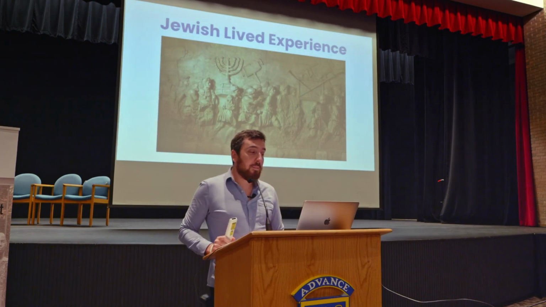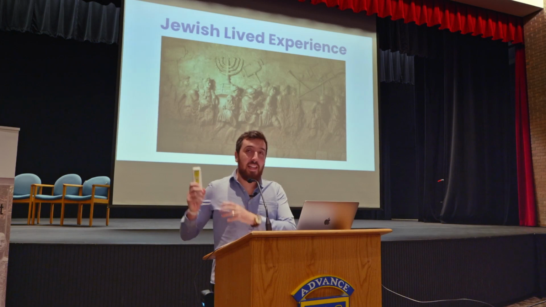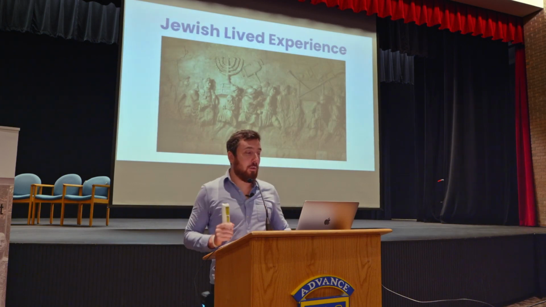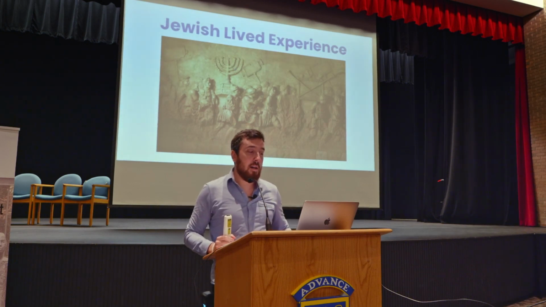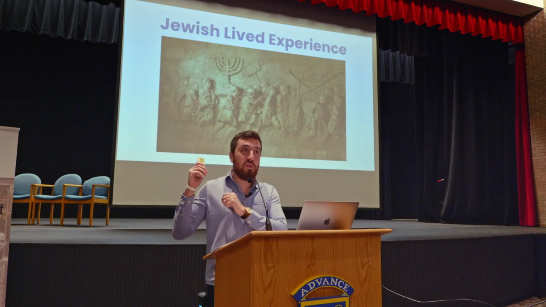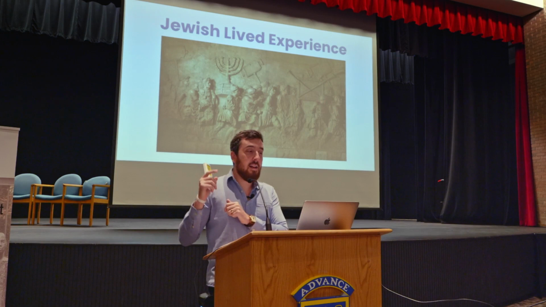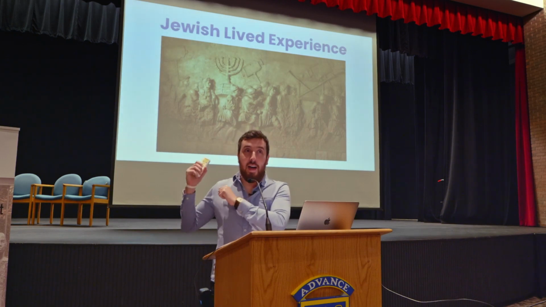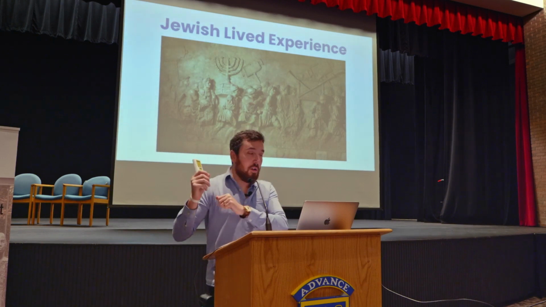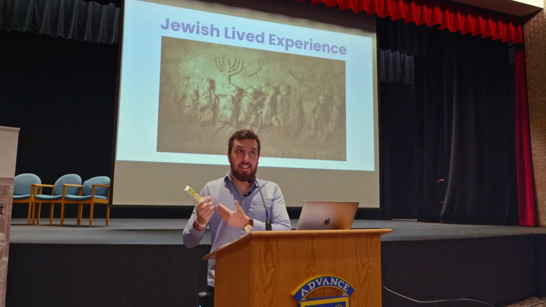It's an image of Jewish slaves carrying artifacts, including the menorah, from the Jewish temple in Jerusalem, which had just been destroyed by the Romans. This is in 70 AD. Carrying artifacts from the Jewish temple towards Rome, where they were then enslaved.